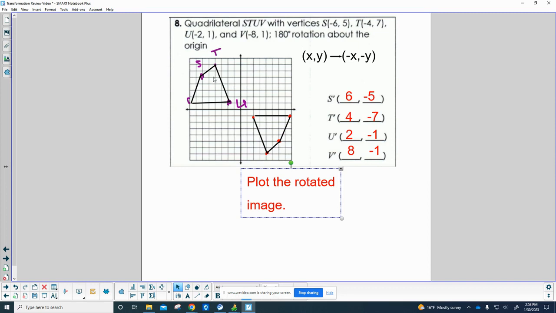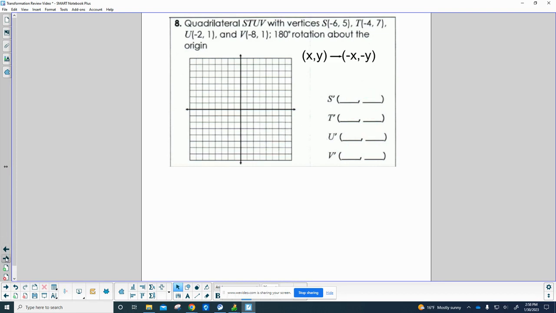So I've got the originals and the new ones plotted on this rotated image, and there are the coordinates that go with it. Step by step, there's the pre-image, the coordinates of the new image, and the new image having been plotted.